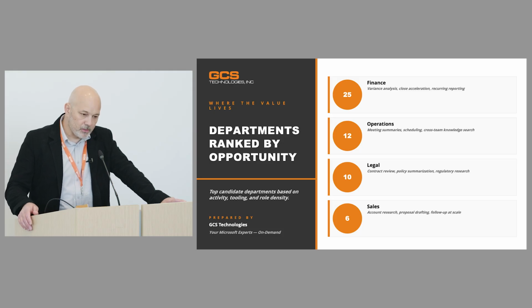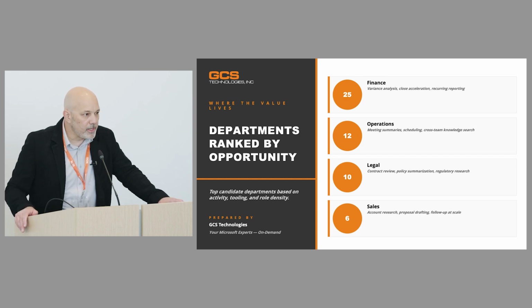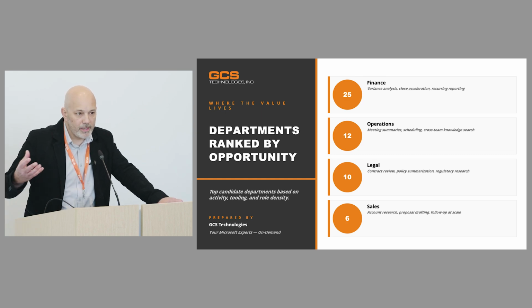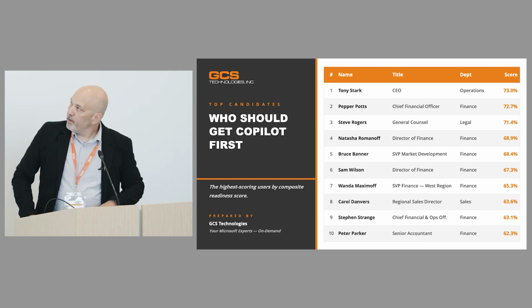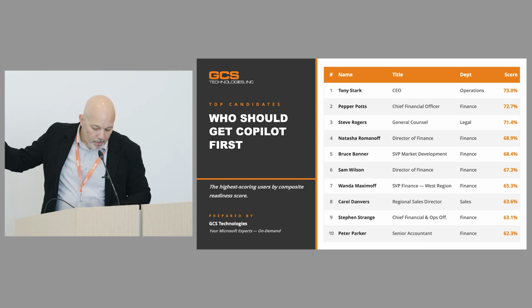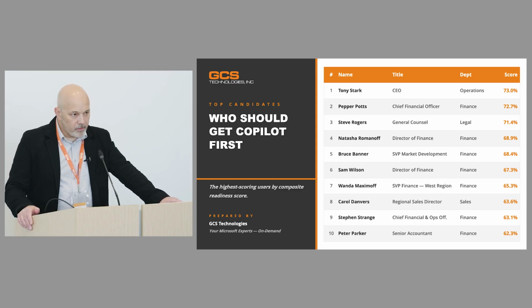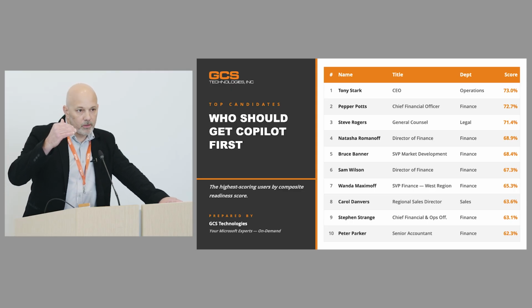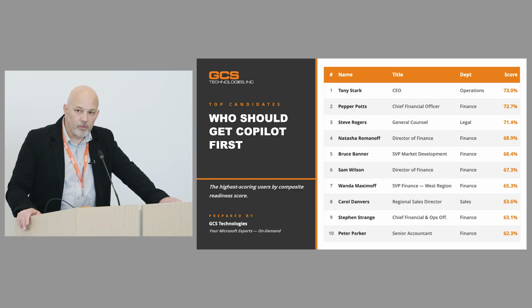And again, this is all sussed out of user activity and how much data people are touching, not just what license they have. And so again, getting a breakdown here by user and by title, by department, and a scoring system that shows who, if we're going to look to build a center of excellence or an innovation team, are the people that we should start having conversations with inside.